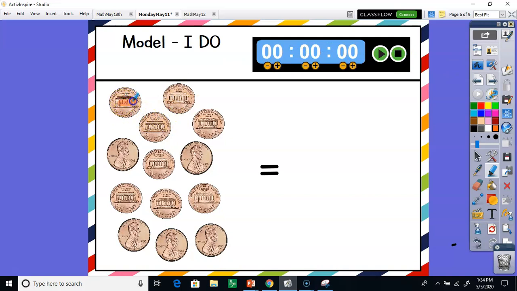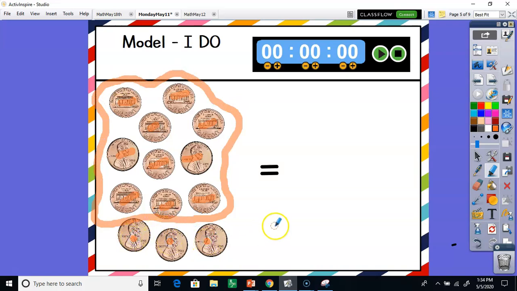So we have 1, 2, 3, 4, 5, 6, 7, 8, 9, 10. All of these that I just put a little line on, I'm going to circle, because that is a group of 10. And I have 1, 2, 3 left over.